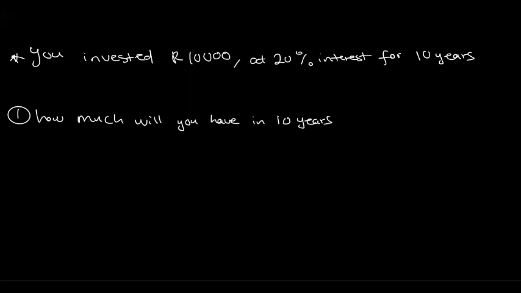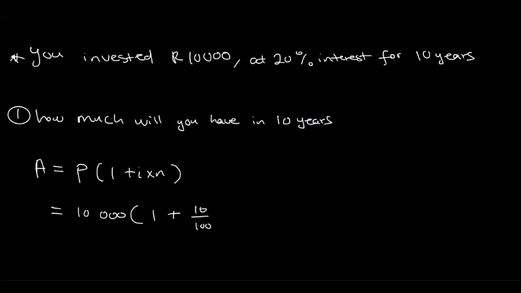Now what you will do is use the formula: the total amount in 10 years equals the amount given times 1 plus interest times number of years. So that is 10,000 times 1 plus 10 over 100 times 10, the number of years.